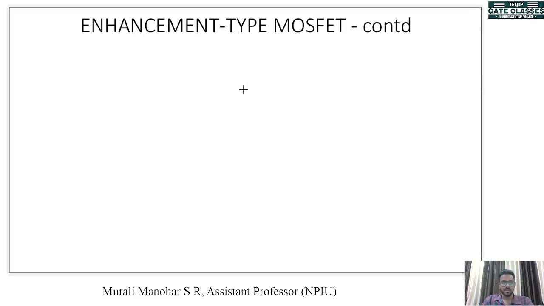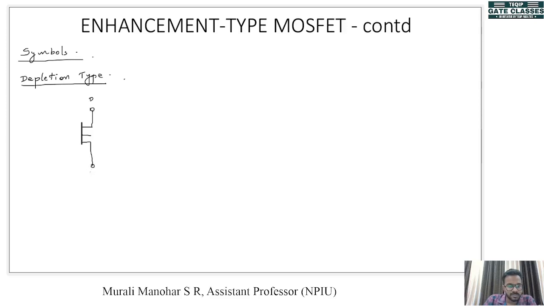Okay. Now let's see the symbols of depletion type and enhancement type MOSFETs. For depletion type MOSFET, the symbol looks like this. There is our base, then drain, substrate, and source.